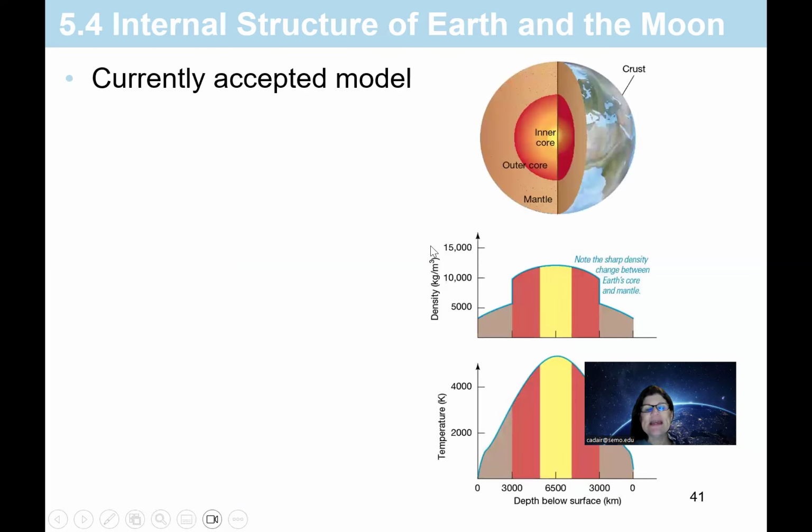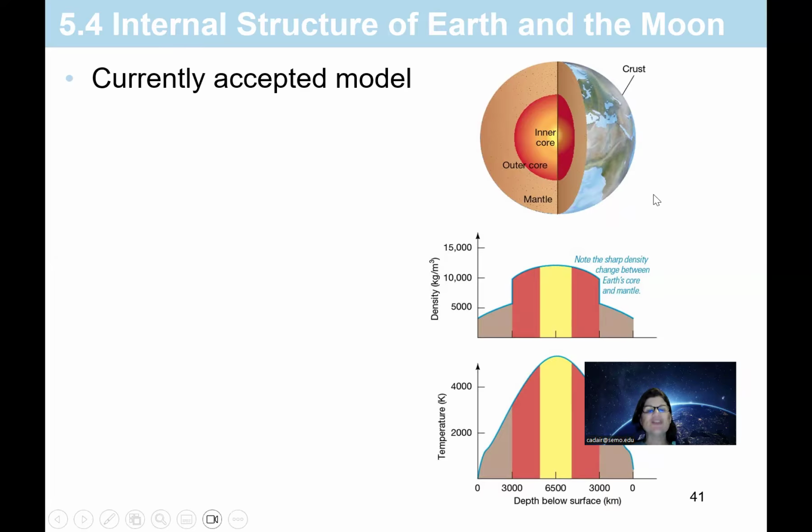The currently accepted model of the structure of the Earth is an inner core, outer core, mantle, and crust. This shows the density, where the core is much more dense, and of course the temperature is hotter in the core. The core is dense because they think it's mostly nickel and iron, whereas we have silicates and other material in the mantle and the crust.